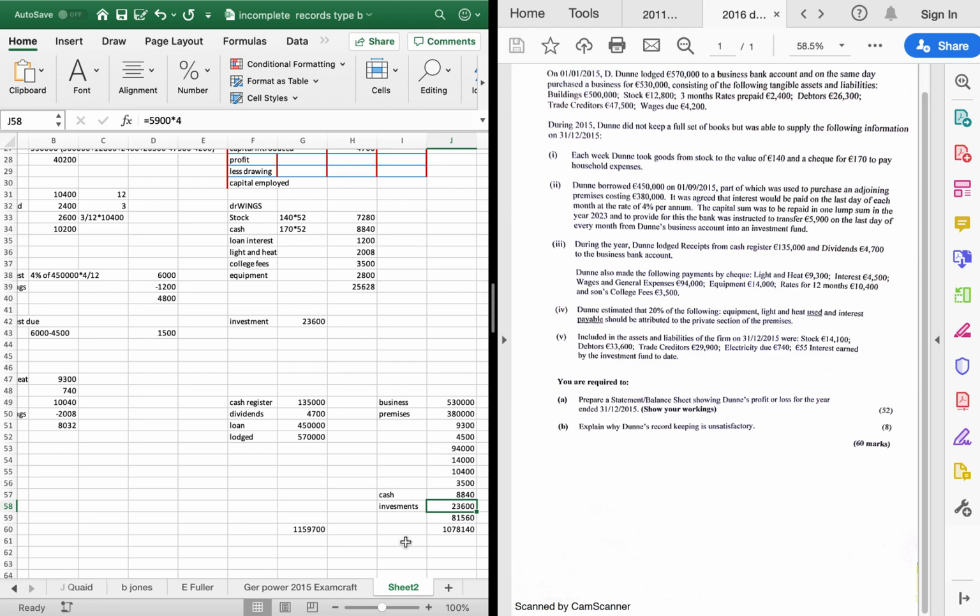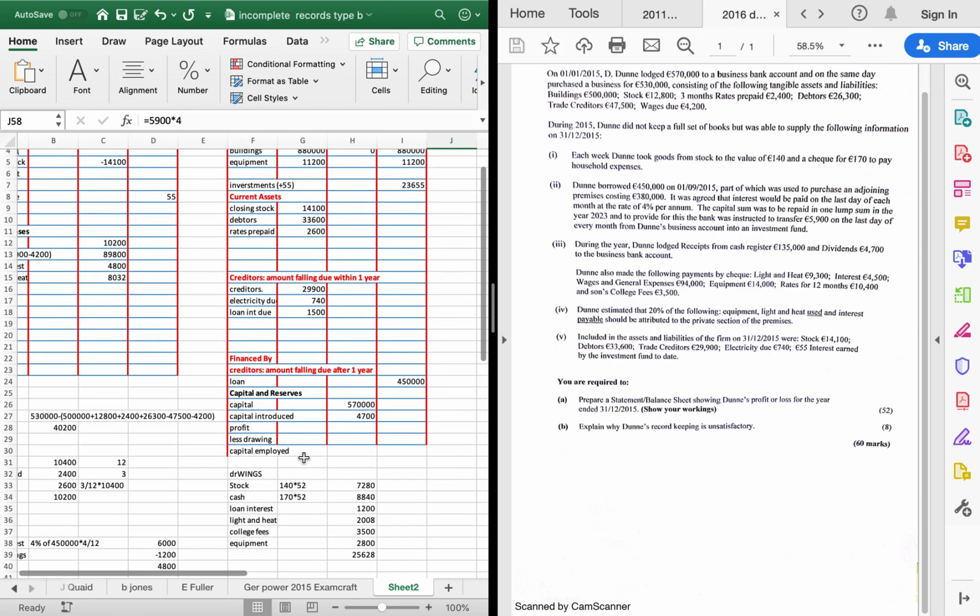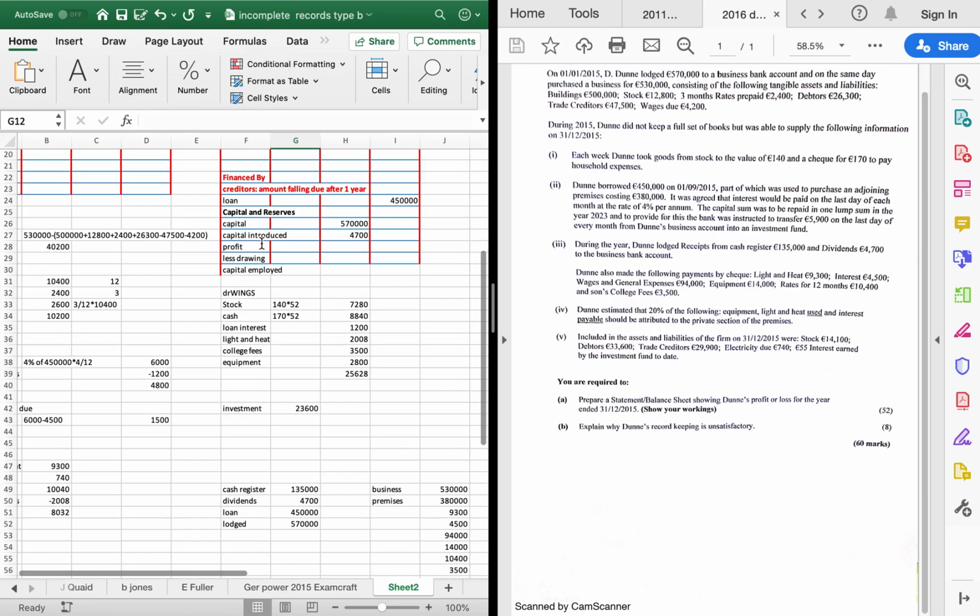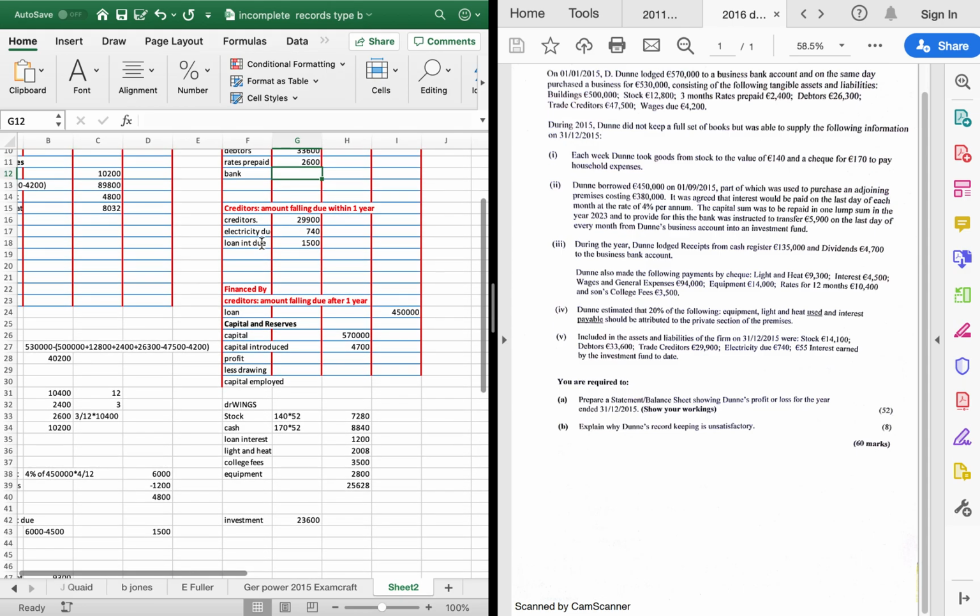So now I get a balance of 81,560 when I do that. Okay, so 1,159,700 minus 1,078,140 is 81,560, and that's my bank balance.